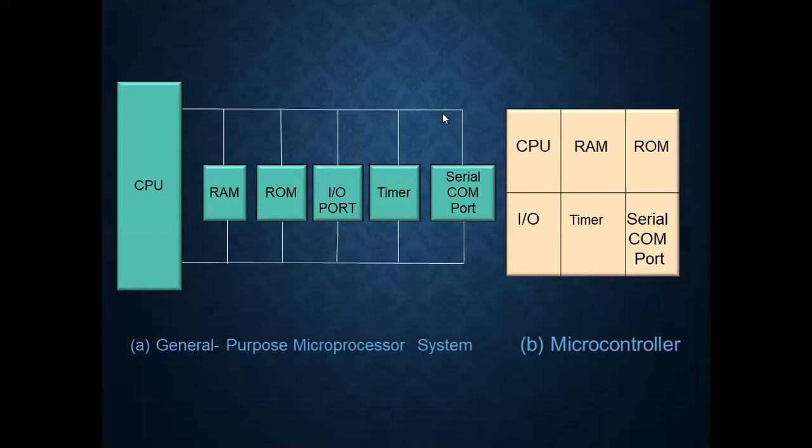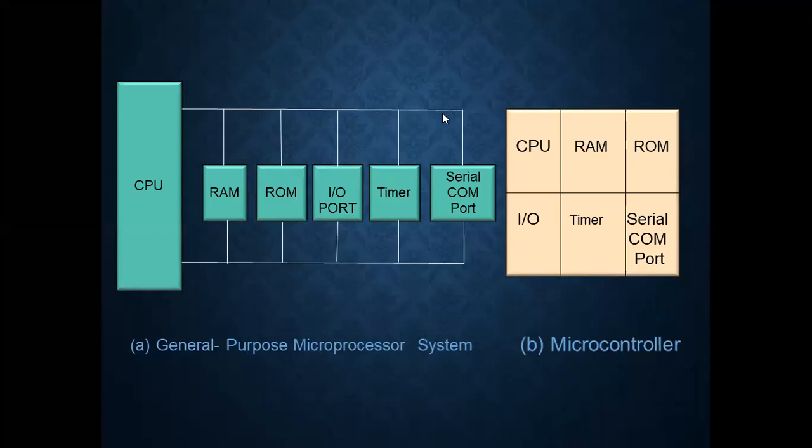The pictorial differences are shown in this diagram: the CPU is externally connected with the RAM, ROM, input output ports, timer, and serial communication ports.